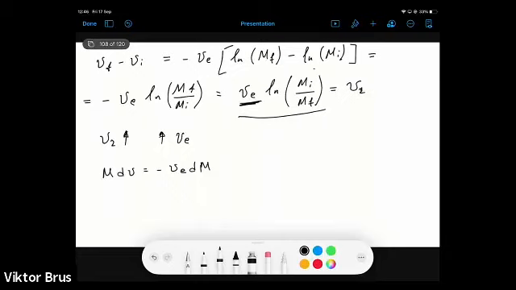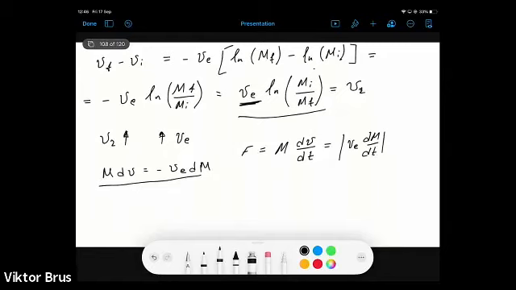From here, we can write, based on the definition of force from the second law of motion, that the force will be equal to m times dv over dt, so it's mass times acceleration, or it will be equal, based on this equation in absolute values, because there will be this minus, but we take the absolute value, to the exhaust velocity times dm over dt.